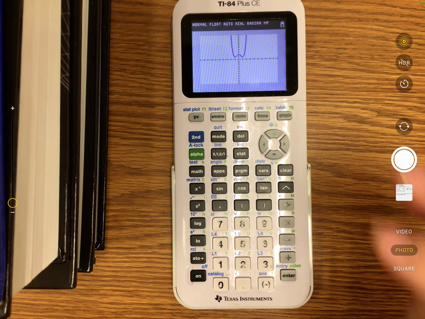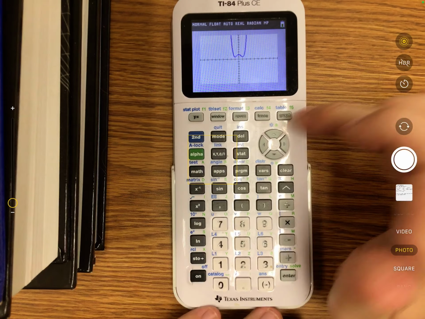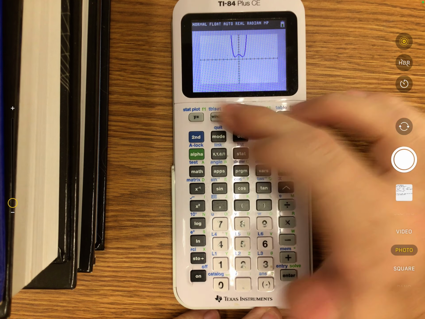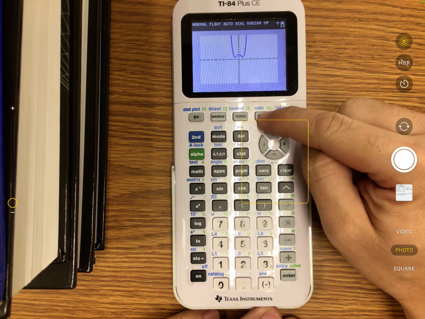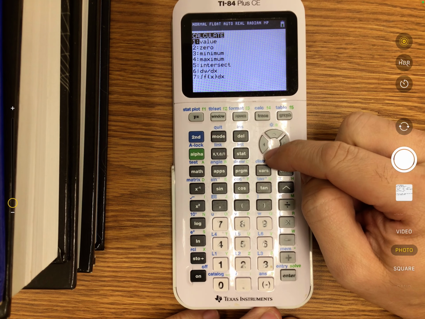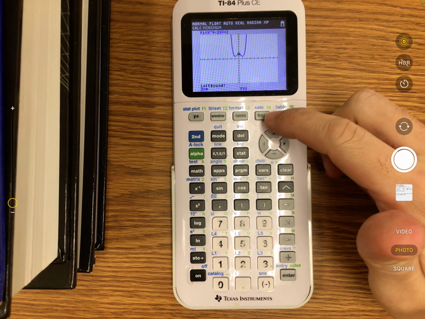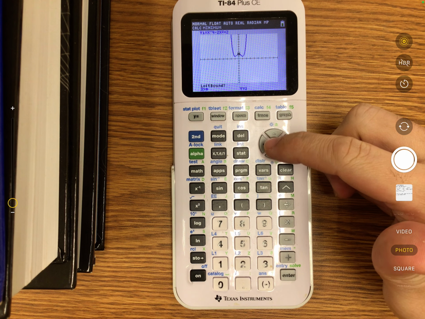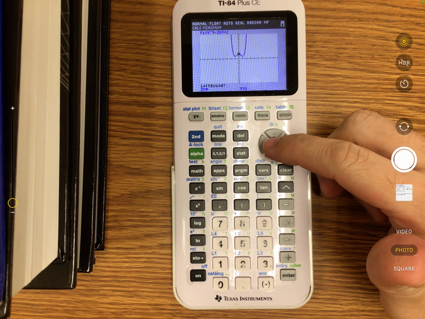So what we can do on our calculator is we can calculate these. So let's do calculate. So we're going to hit second. Calculate is the trace button. And we want to find where we have a minimum. When we do that, we're going to have to set up boundaries, because our functions could have more than one minimum or maximum in an area.